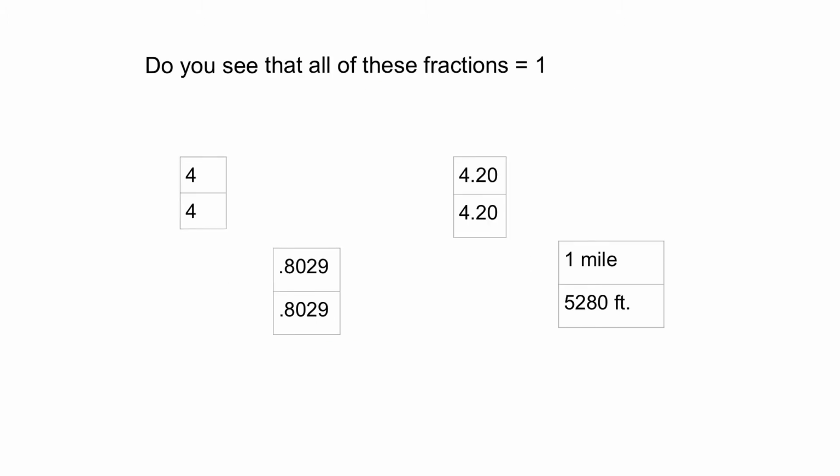Just like in factoring in math, I want you to see that all of these fractions that we have all equal 1. So this equals 1, and this equals 1, and this equals 1. And you're like, Mrs. Foy, yes, I know this. What you're basically saying is the thing on the top of the fraction, if it's equal to the thing on the bottom, then it's 1.